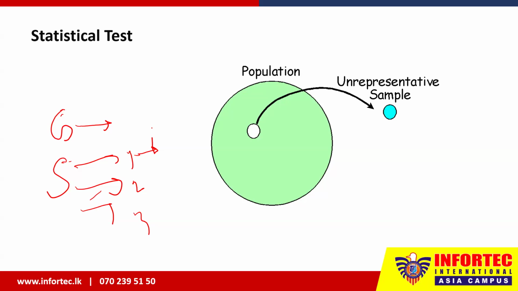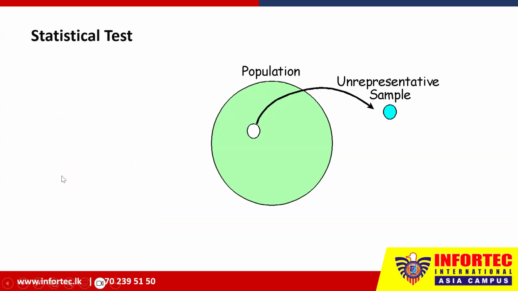So using statistical testing, you can evaluate the objectives. When you consider why we need those statistical tests, first you should understand the purpose. You identify the problem related to the population, but you collect the data based on a sample.